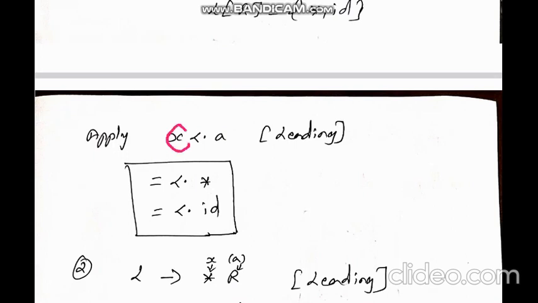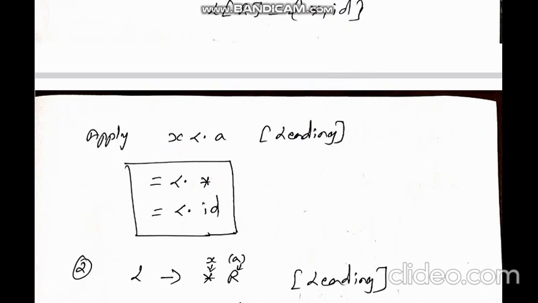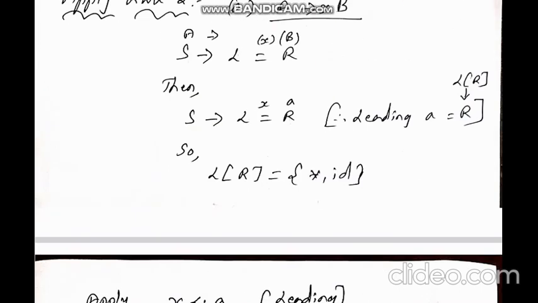What is X here? We have two input symbols here, you can check it. One is asterisk, another one is ID. Sir, how are you saying this X is equal to? We have already seen that X, I have already mentioned this is X. We have a value called leading of R. Below B what we have is R. So we need to take the leading of R for this.